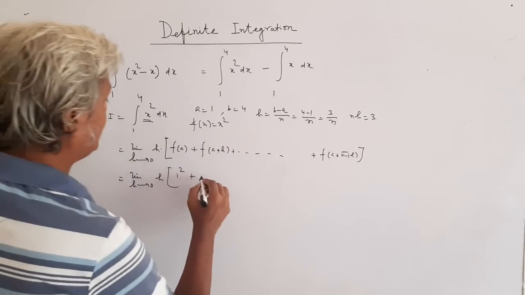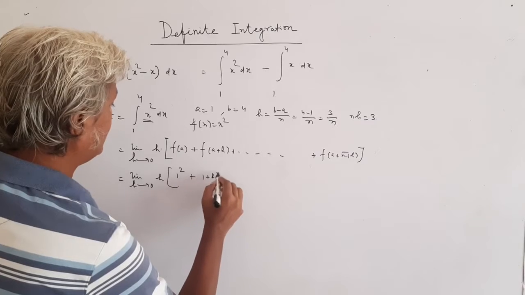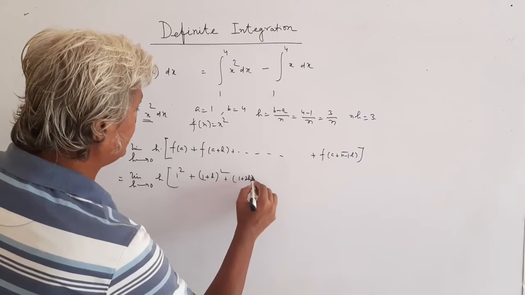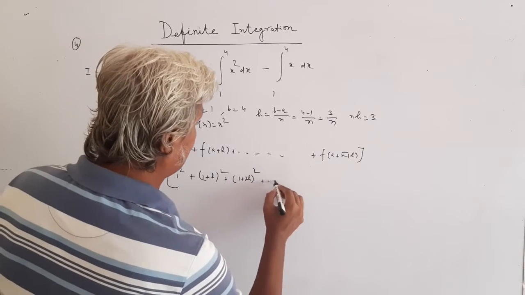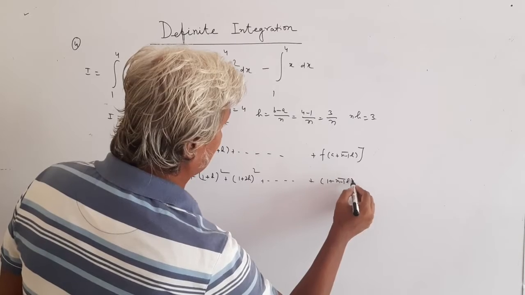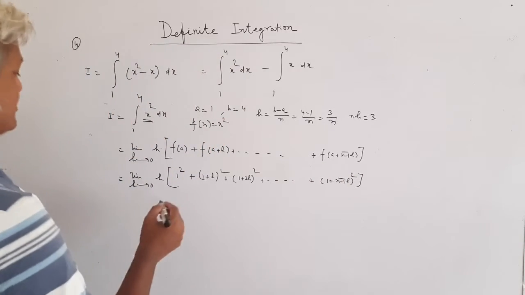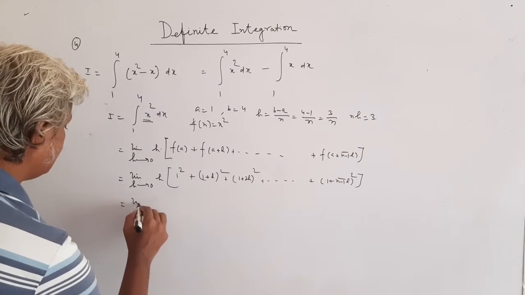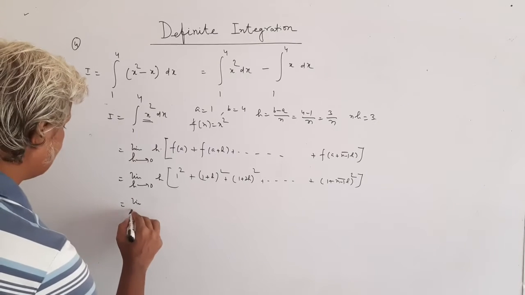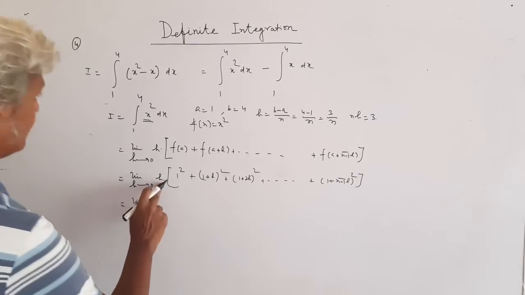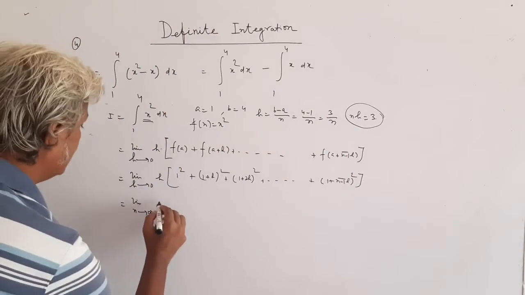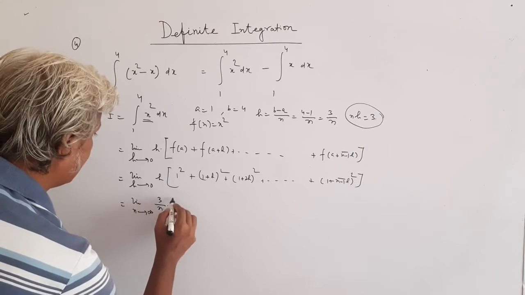What is f(1 plus h)? 1 plus h whole square, plus 1 plus 2h whole square, plus dot dot dot plus 1 plus (n minus 1)h whole square. Now expand and regroup. First I change the limit: I make the limit n tends to infinity. In place of h, since nh is 3, h is 3 over n.